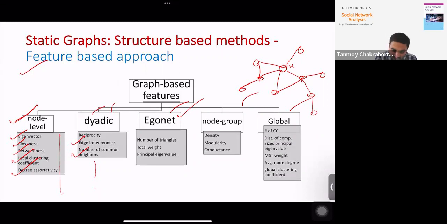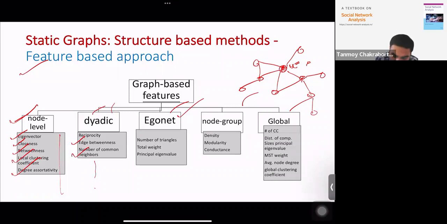So if you extract the ego network for node U, you need to take into account that particular node and its neighbors, and their connections.